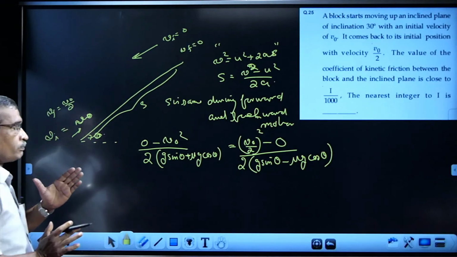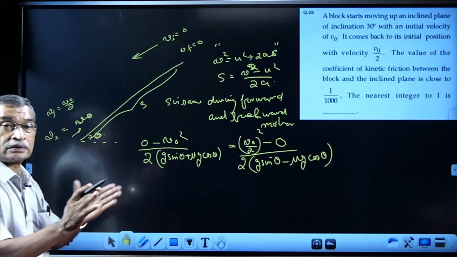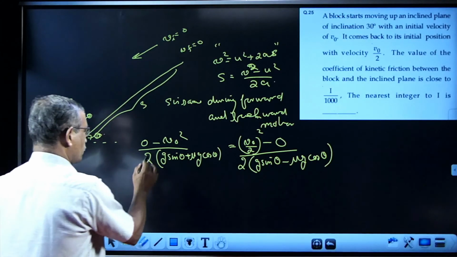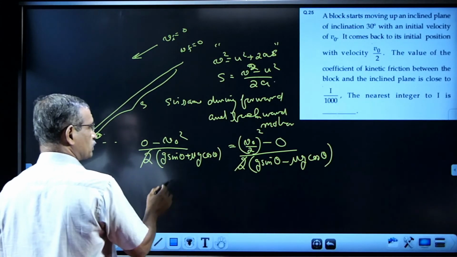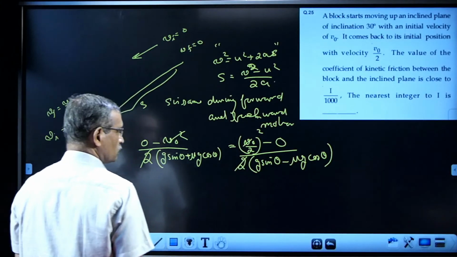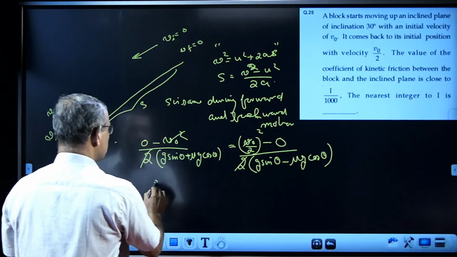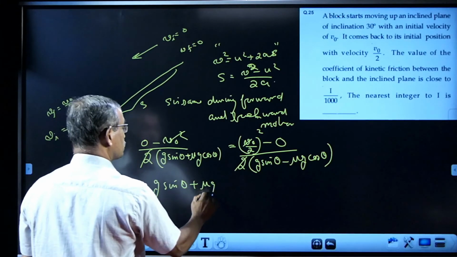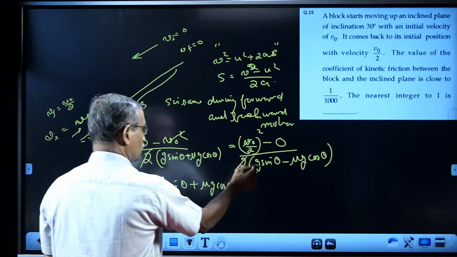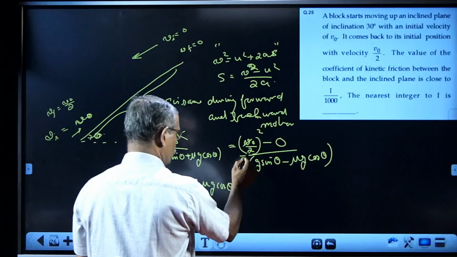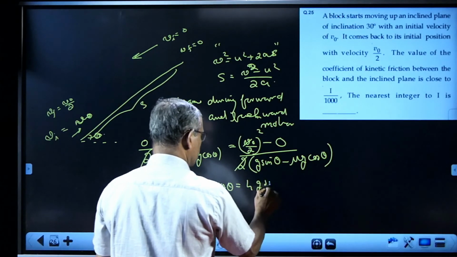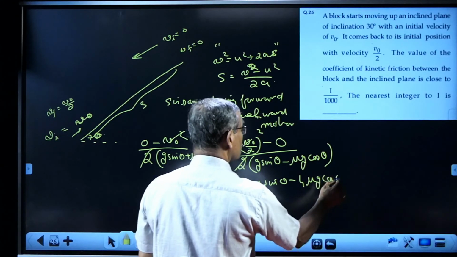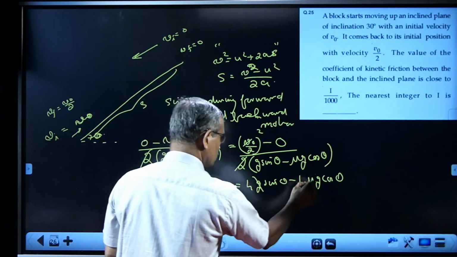When it moves up and moves down, the displacement is the same, so equate them. The v square will cancel out. Therefore, g sin theta plus mu g cos theta is equal to 4g sin theta minus 4 mu g cos theta. The g will cancel out.